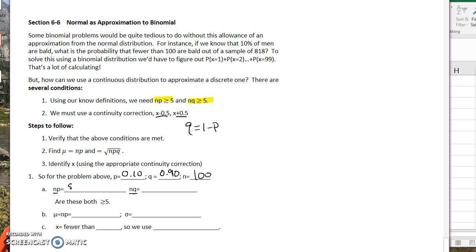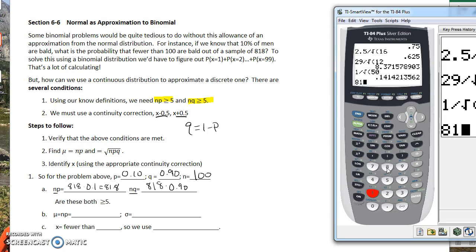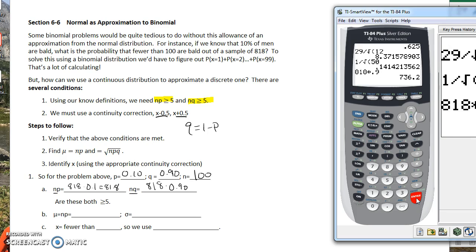N times P is 818 times 0.1, which is 81.8. And N times Q is 818 times 0.9, which gives us 736.2.